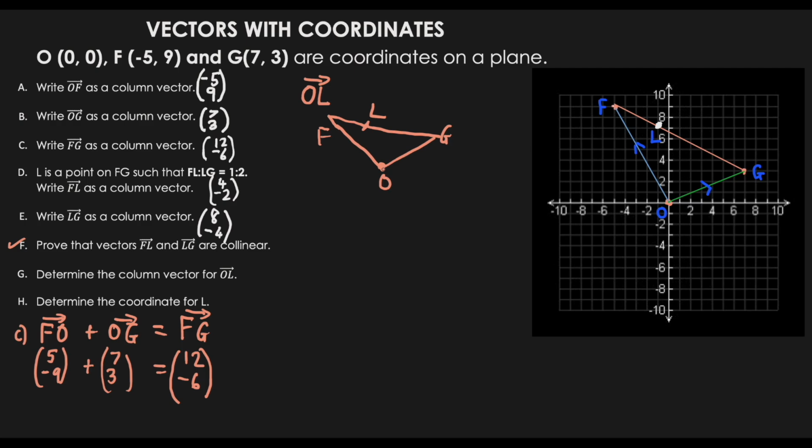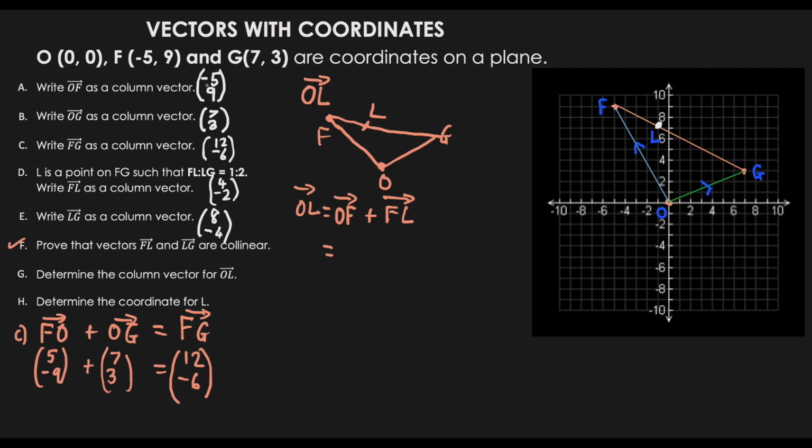If we're going from O to L, we have to go O to F, and then we have to take a trip from F to L. So it's going to be OF plus FL. We're going from O to F, F to L to get to OL. These are like roads that we have created. Do we know what OF is? Yes, we do.